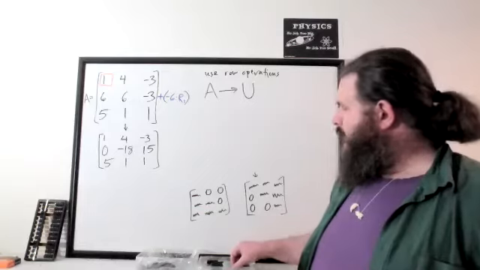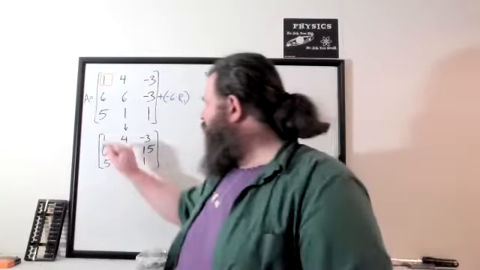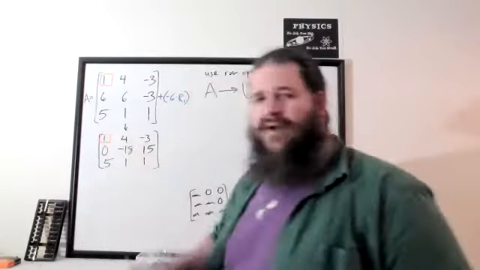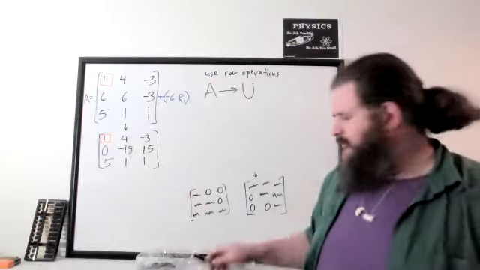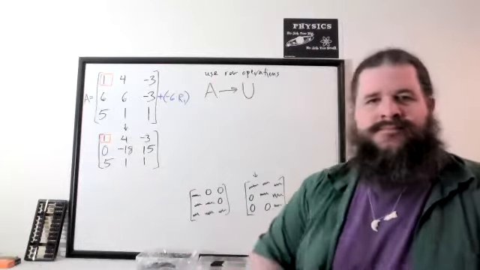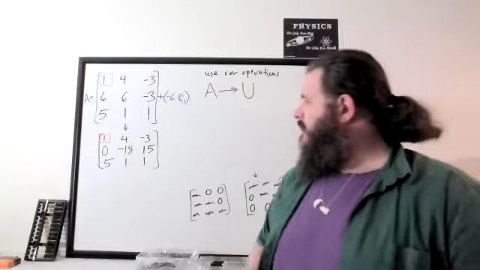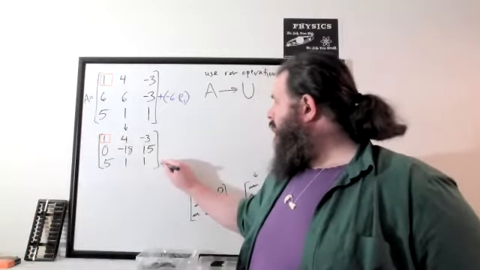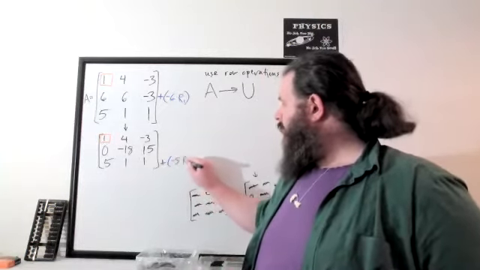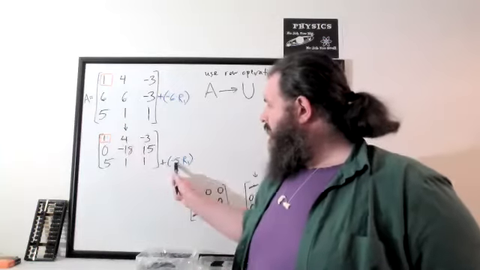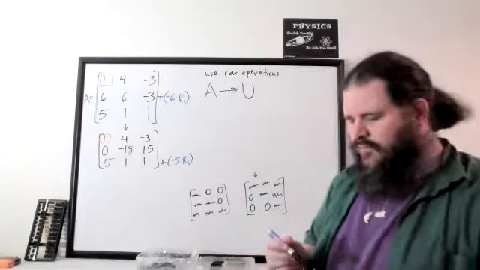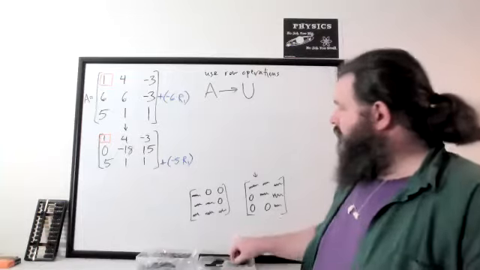What operation could we do to use that pivot to get rid of the 5 here? First row times -5. Yeah. If we add -5 times the first row to the third row, 1 times -5 would cancel out the 5 here. So let's see what that turns into.